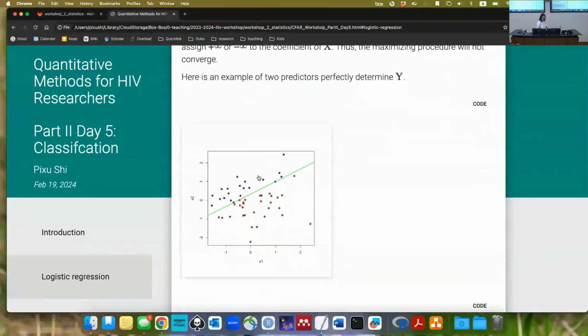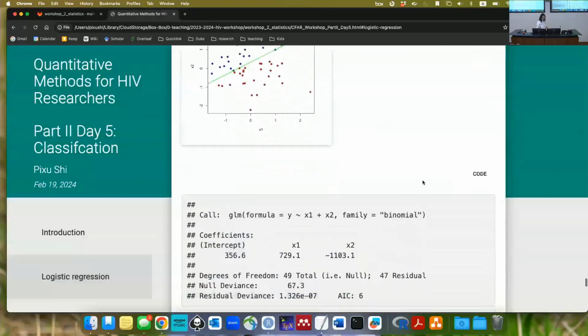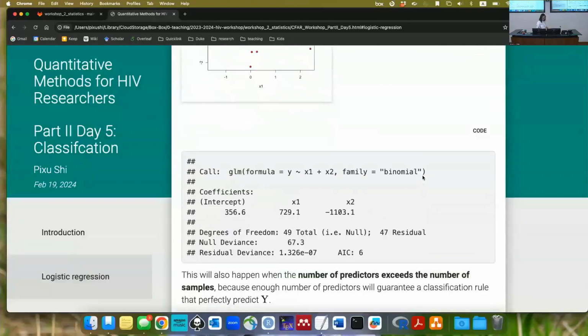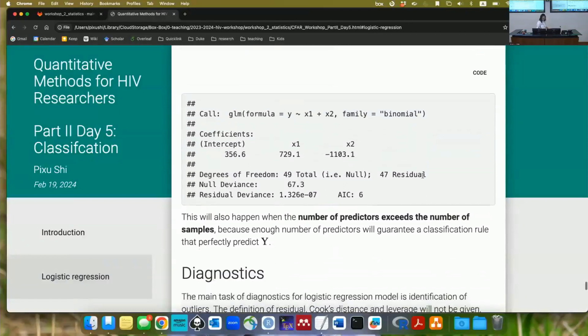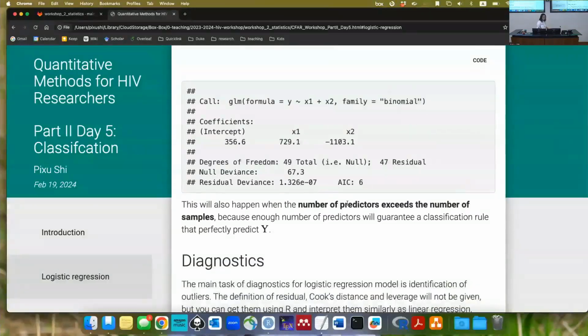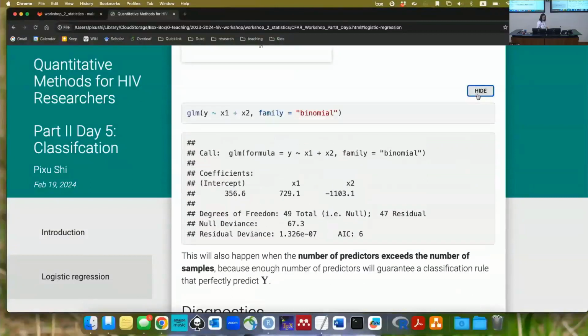So here, this is a two-dimensional example of perfect separation of the labels. And if you run it, it's going to give you the same warning. This doesn't take into account the size of N at all. Overall, the total number of data points doesn't factor in.